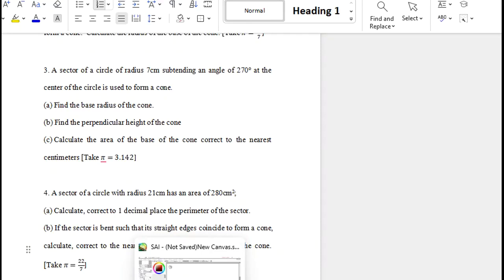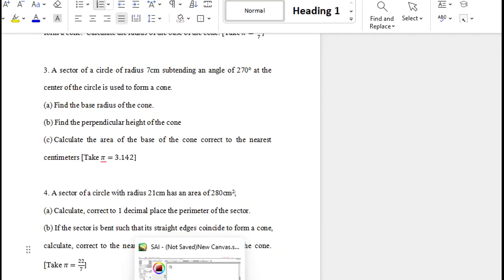If the question hadn't come with part B saying that we would change this sector, that is bending it to form a cone, I would maintain my normal way of solving sector problems, using my small r for the radius of the sector.